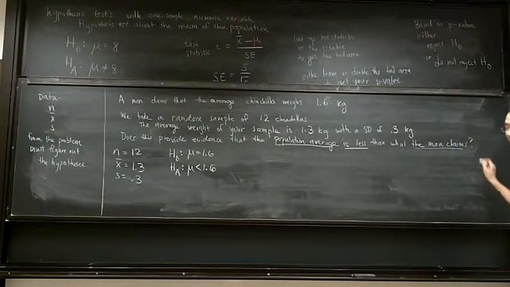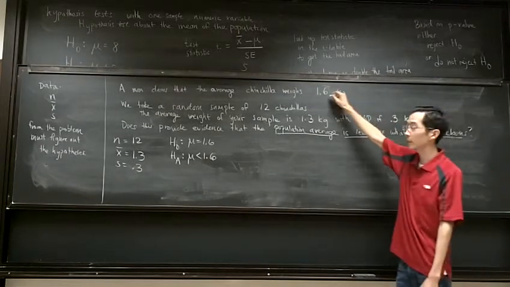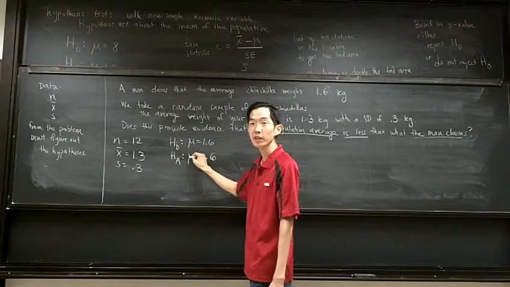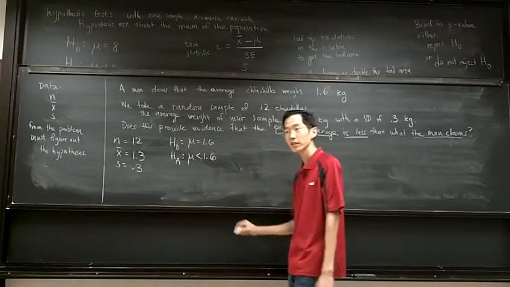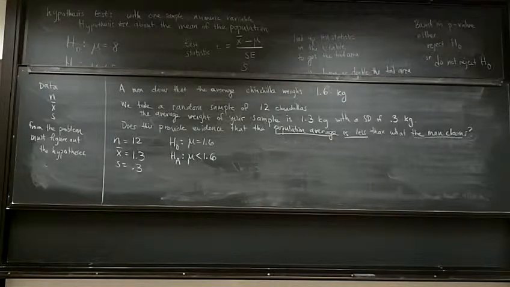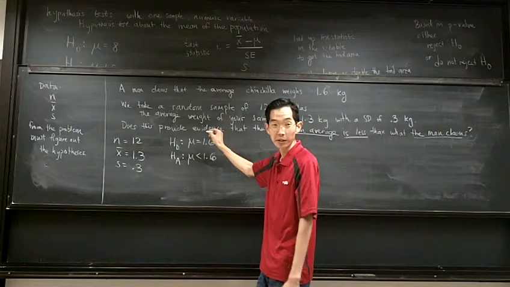So the man claims 1.6, and we want to know, is it evidence that the population average mu is less than that? Generally, is our null hypothesis going to be the first thing stated in a question like this? Not necessarily. The null hypothesis will always have an equal sign though.